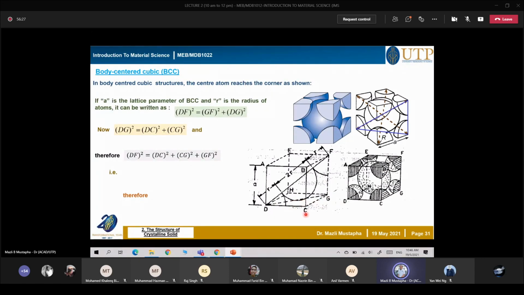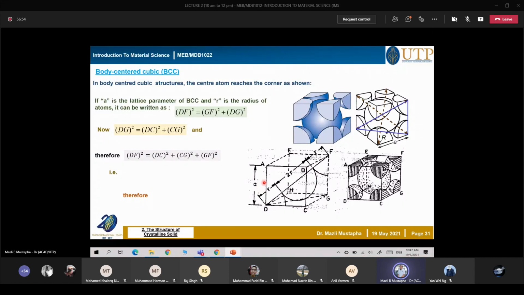Then we need the relation of A and R. Again, I stress, R is the radius of the atom, and A is the unit edge length or lattice parameter. They have the same meaning. If I ask you what is the relation between lattice parameter and radius, it means the relation with the edge length.